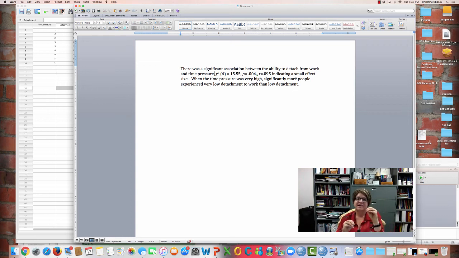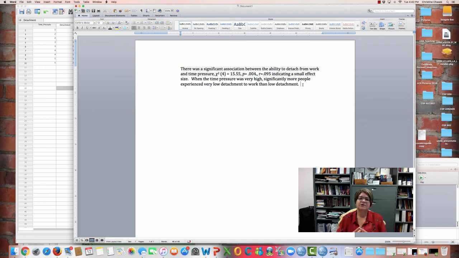And remember, effect size is those small, medium, and large phis. 0.1 is small, up to 0.3 is medium, 0.5 and over is large. So it's very small, really. I mean, it doesn't even hit 0.1. So here's how we interpret that last part.